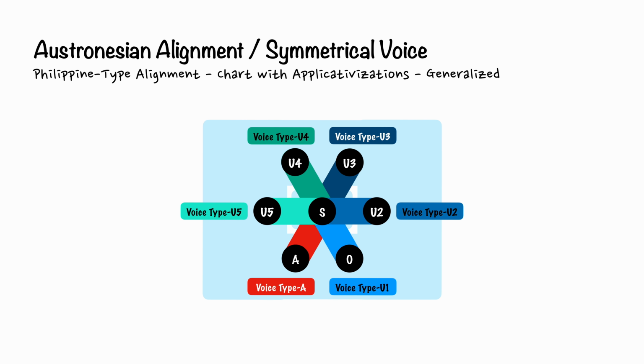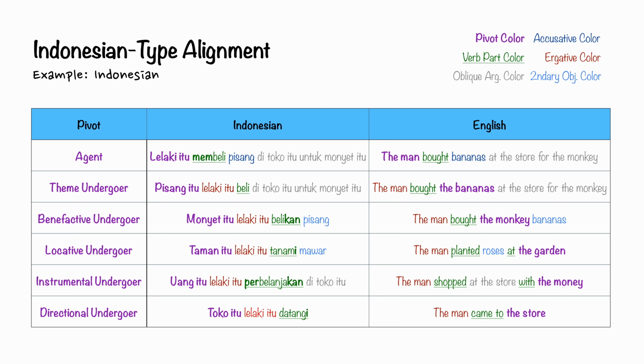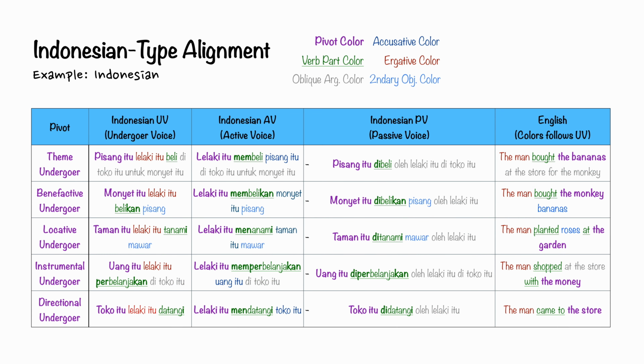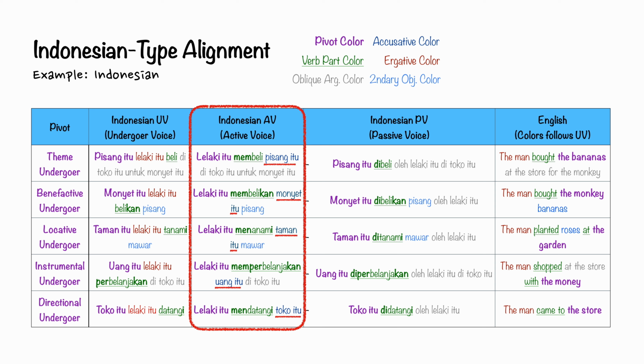Some linguists only consider Philippine-type alignment as the true Austronesian alignment, or symmetrical voice. Indonesian-type languages also have multiple undergoer voices for various objects and undergoers: theme objects, benefactives, locative, etc. However, each undergoer voice in Indonesian also has a corresponding applicative voice that promotes the undergoer to become the main object.